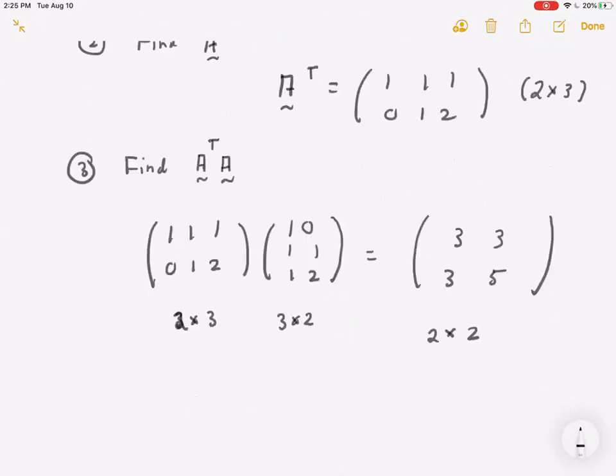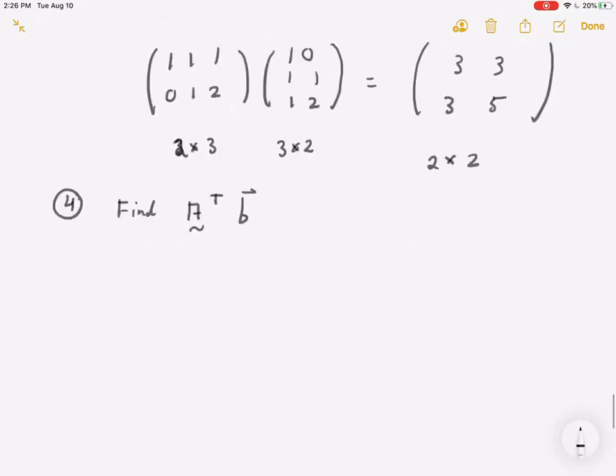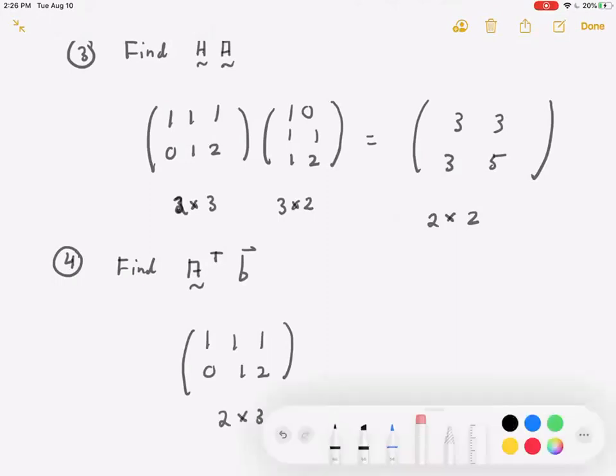Okay. Next, we go down our laundry list. We need to calculate the transpose of A times B. And that's pretty straightforward. Again, I misspoke earlier. The transpose of A is a 2 by 3 matrix, not a 3 by 3 matrix.